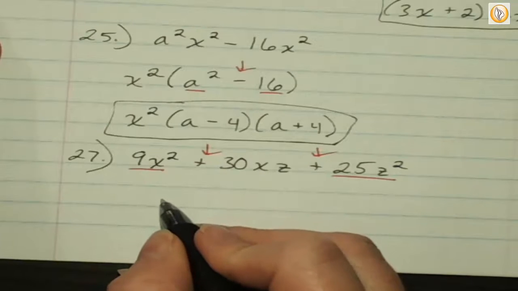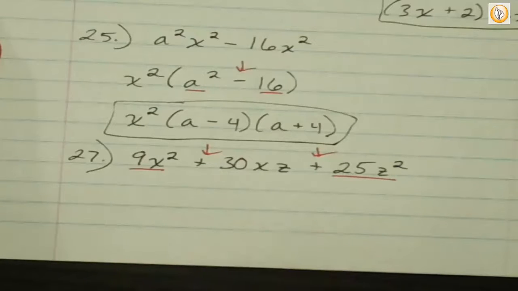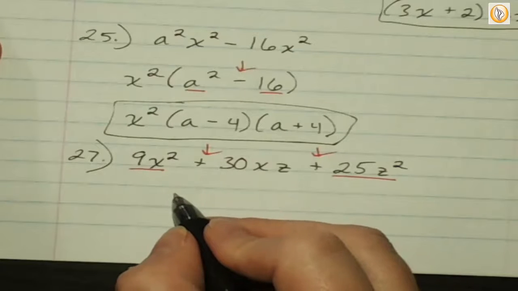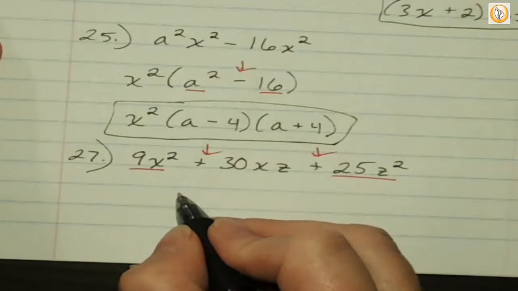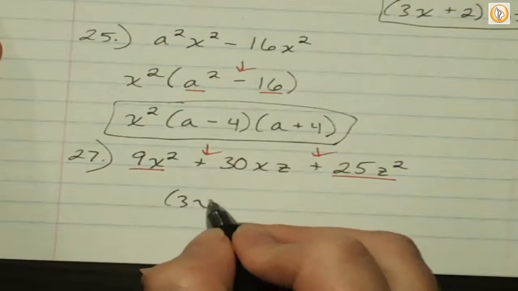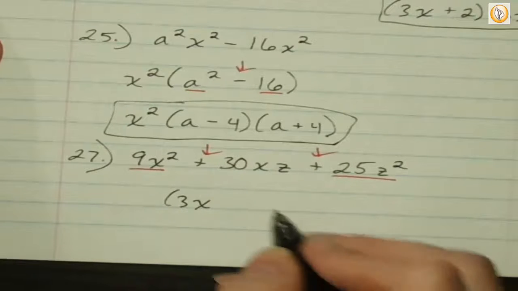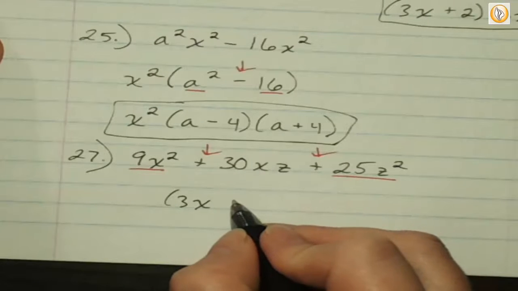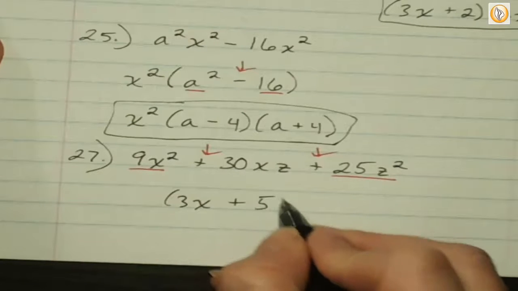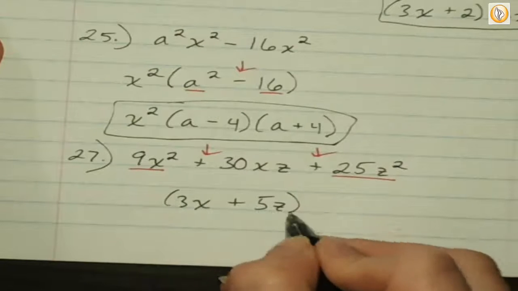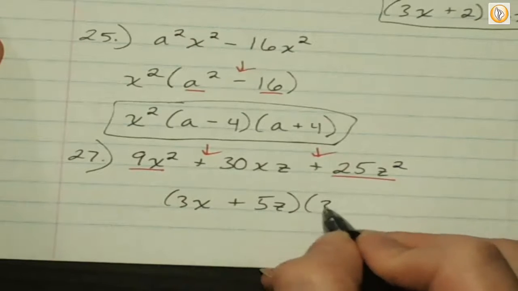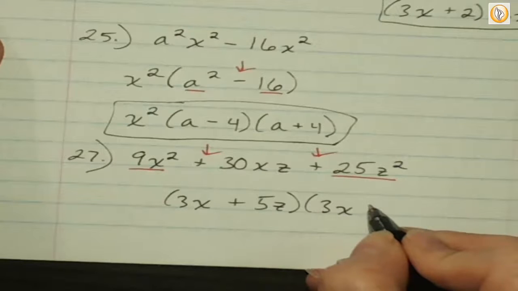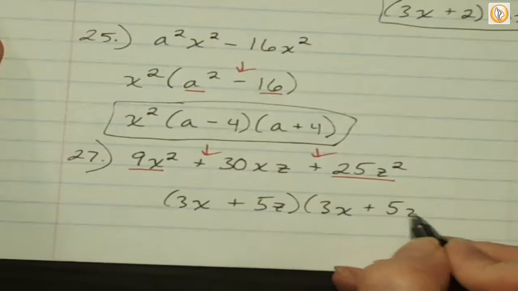That's right. And then plus 5z times 3x plus 5z.